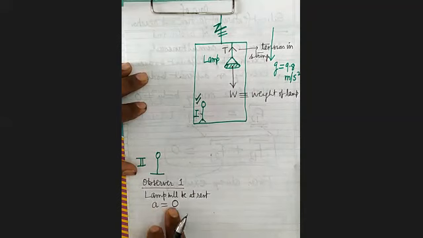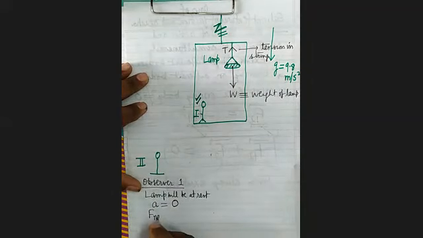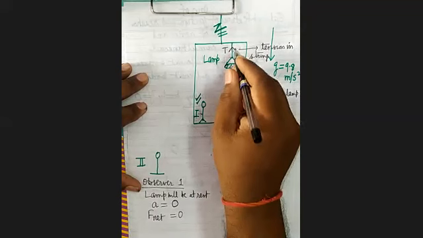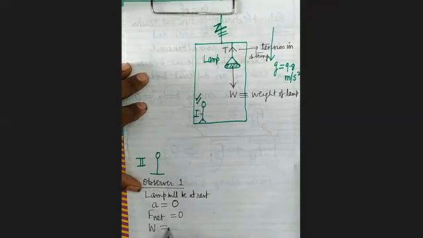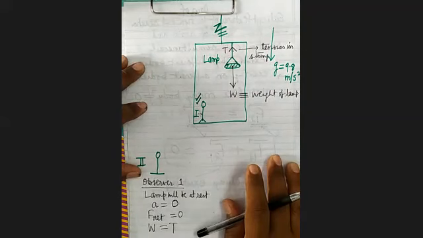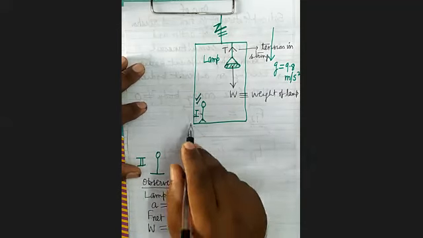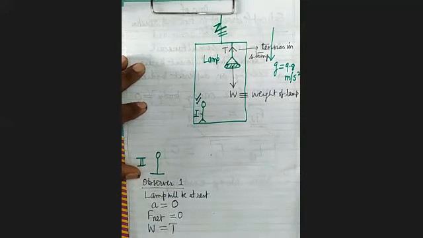Acceleration is zero means the net force will be zero. Net force will be zero means W and T will be equal. Both will be equal.